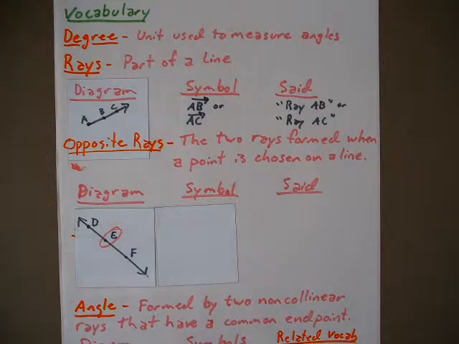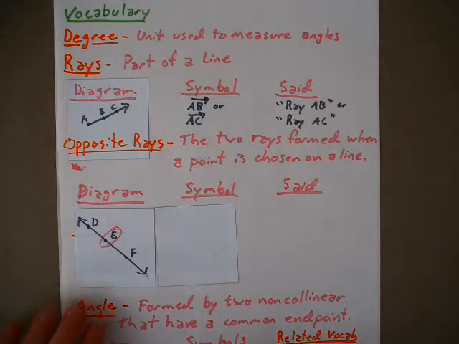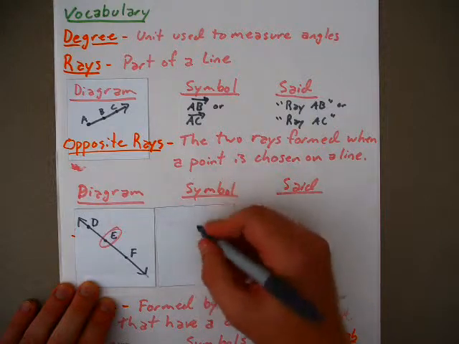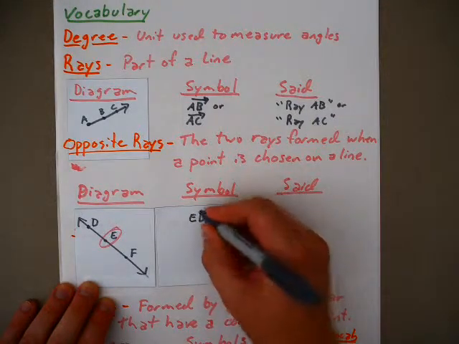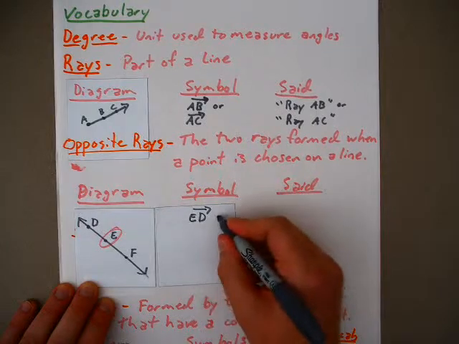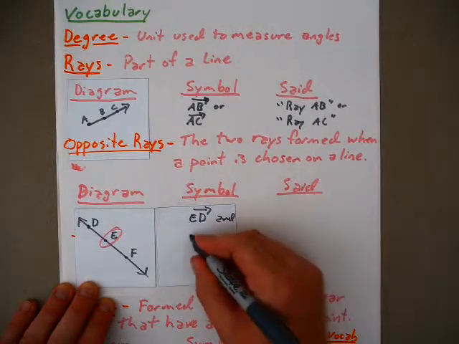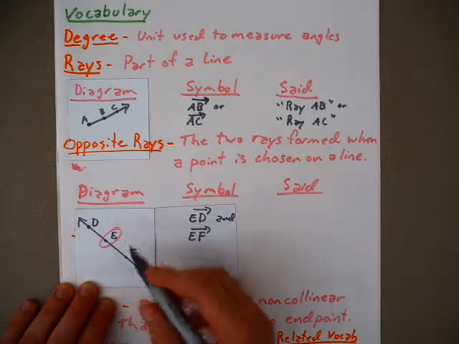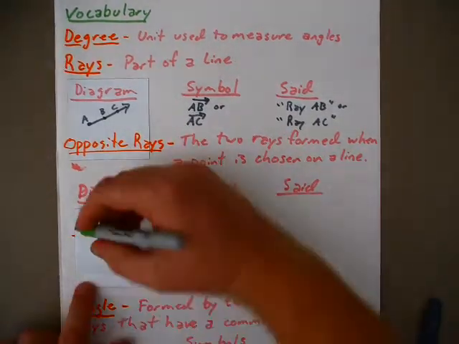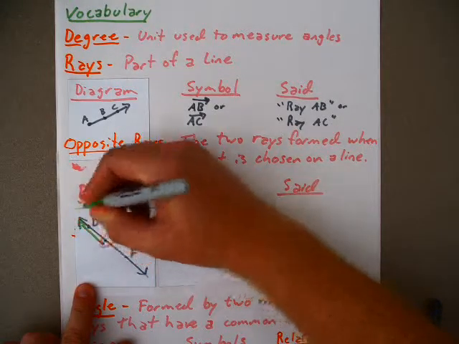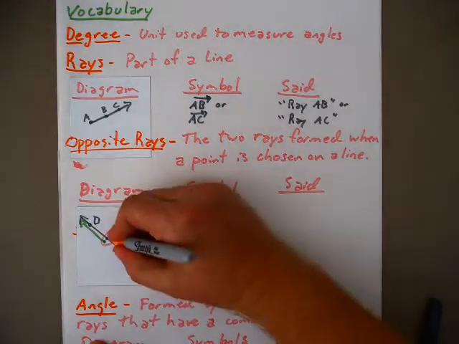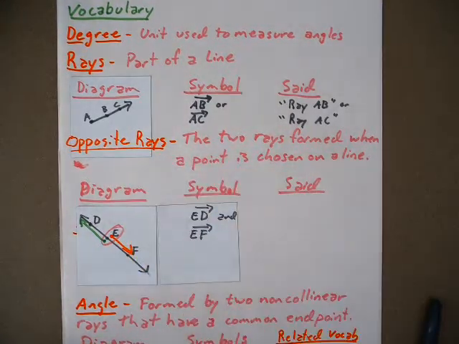And so we would just make two symbols for opposite rays: ray ED and ray EF, being that ED is the ray that goes from here to there, and ray EF is the ray that goes from here all the way into infinity the other way.